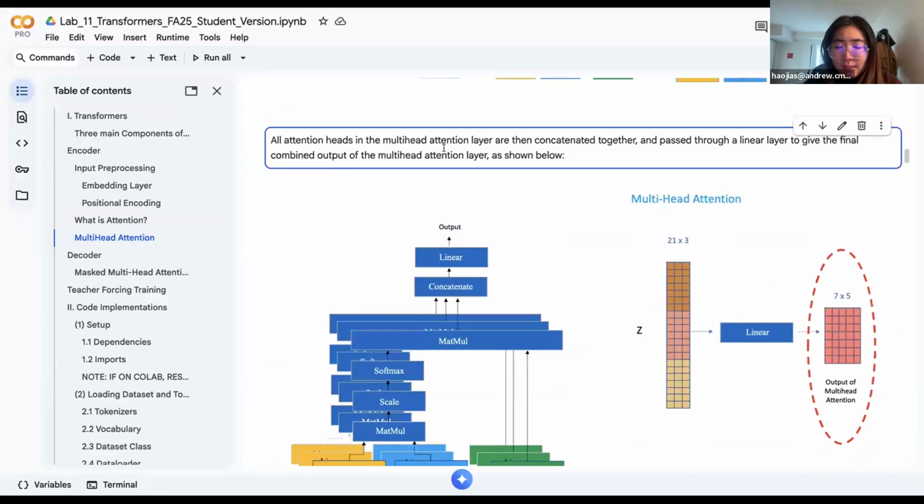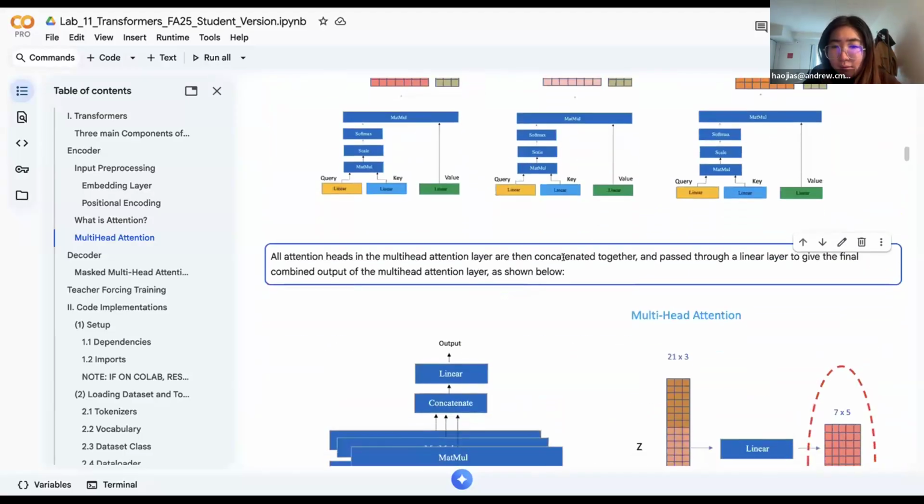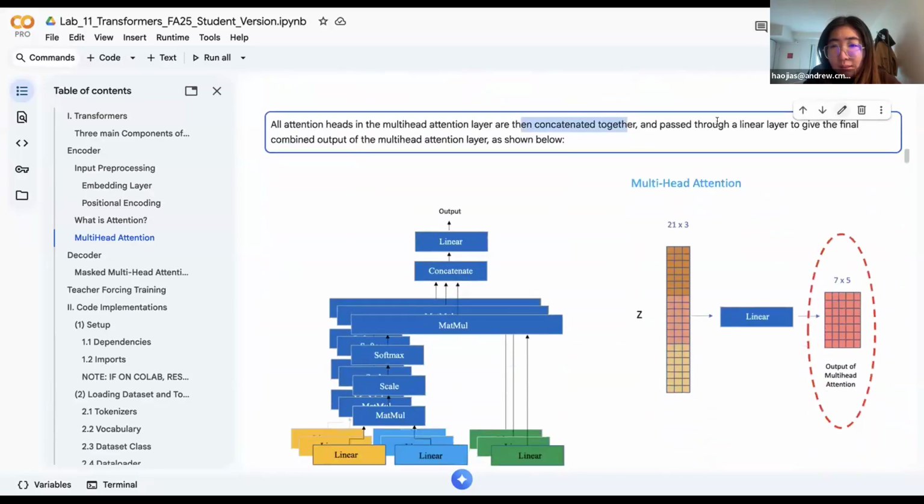As I said, because different attention heads map into different spaces, finally we need to concat them together and then pass through a linear layer to give the final combined output of the multi-head attention layer.